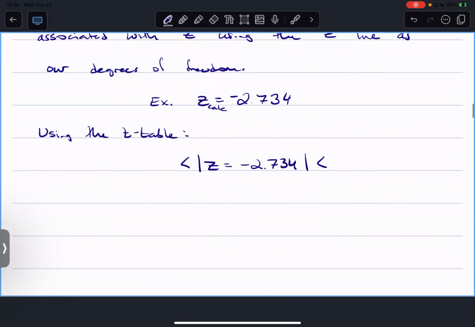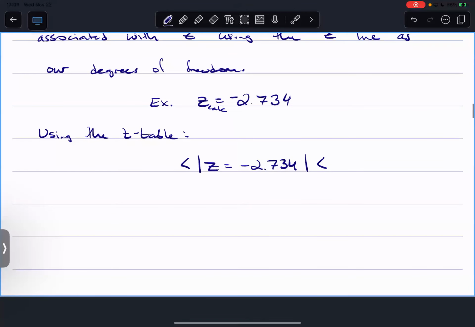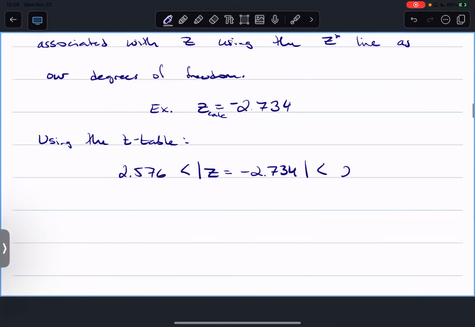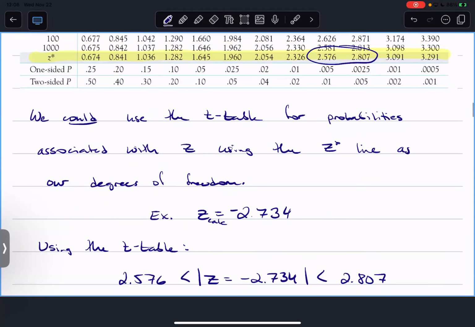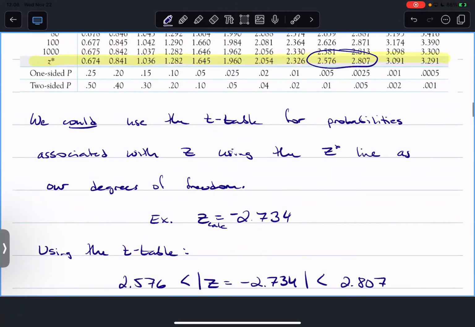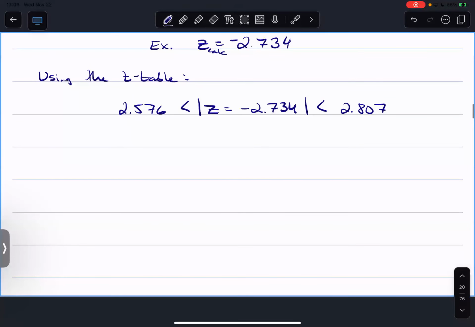So same structure as the T's, 2.576, 2.807. Now you have the one-sided P. You get a range for the p-values, whereas the Z table gives you a more precise p-value. It's still not as precise as it could be with software, right? But now you get a range for the p-values, and we could confirm it with the Z tables.